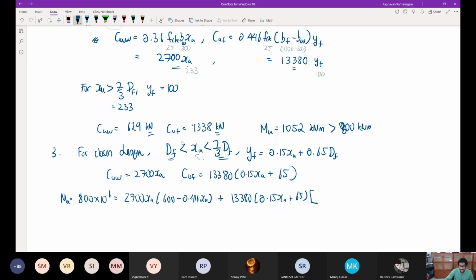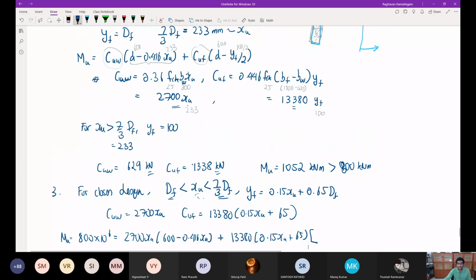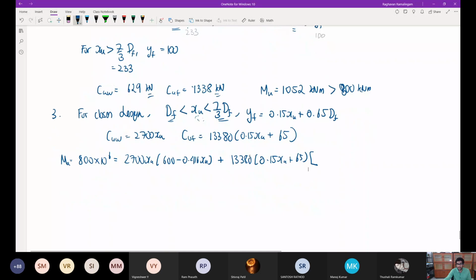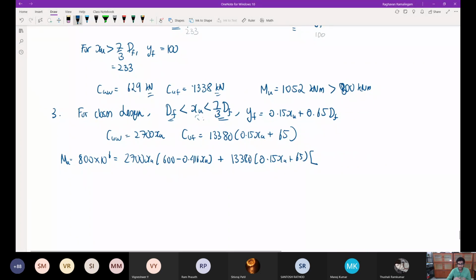Yeah, into I have D minus YF by 2. So D minus, okay, YF by 2. So 0.15 XU by 2 is 0.075 XU minus, I think this by 2 will be 32.5.